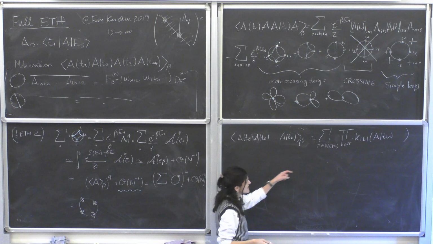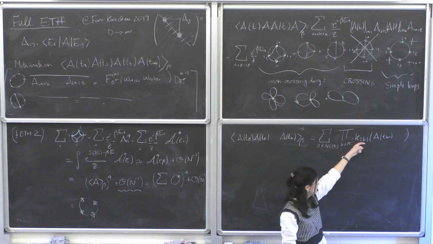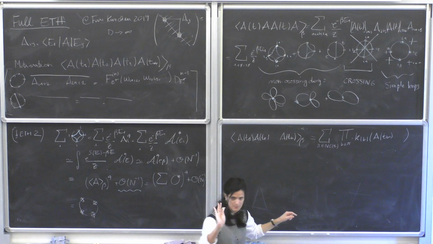So I can always give an implicit definition of free cumulants. They are a connected correlation function. You can do this for chaotic systems, but also for integrable systems, for MBL systems, for everything.